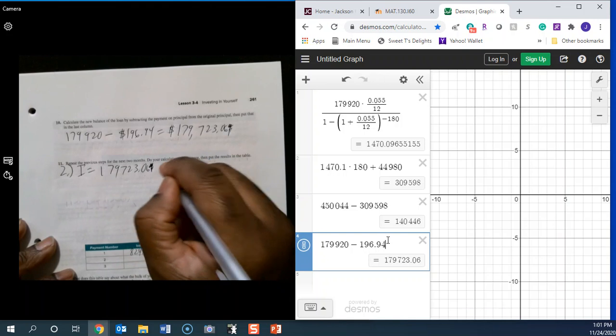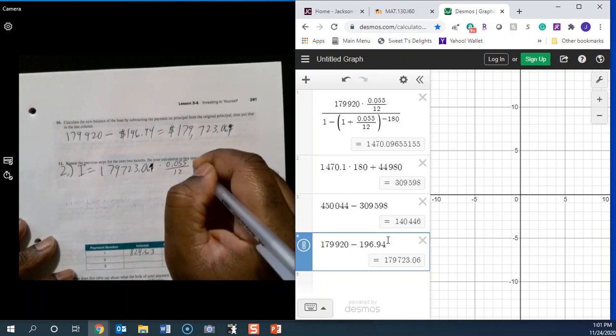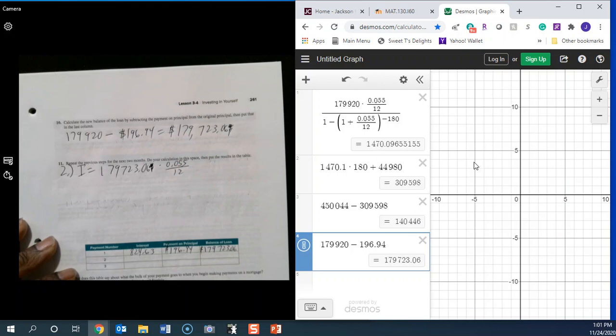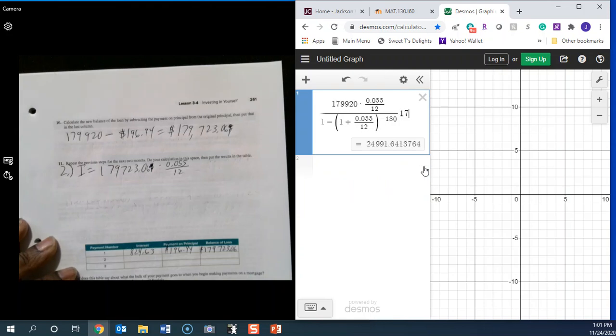And we will multiply this by 0.055 divided by 12. I didn't type that in here, so let me type that in here. So we have 179,723.06 times 0.055 divided by 12.